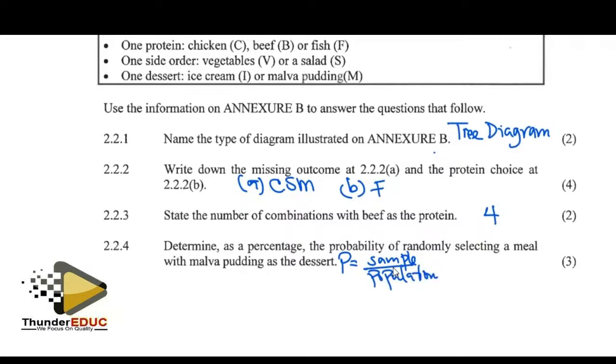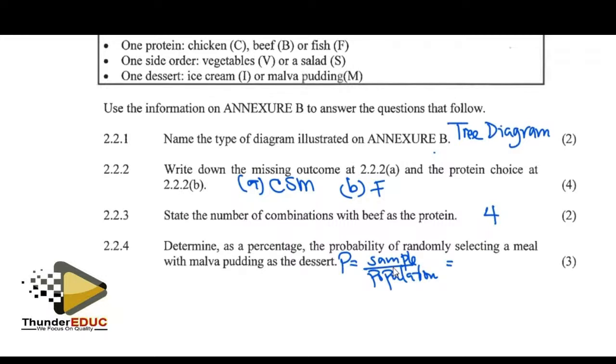Now, what's the population? The total outcome, the chances together. Then a sample is part of the population. Many of you have gone to supermarkets and you've seen that they will tell you that these are samples, simply meaning it's not a full pack, it's not a full package. They give you something small. So a sample is part of the population.